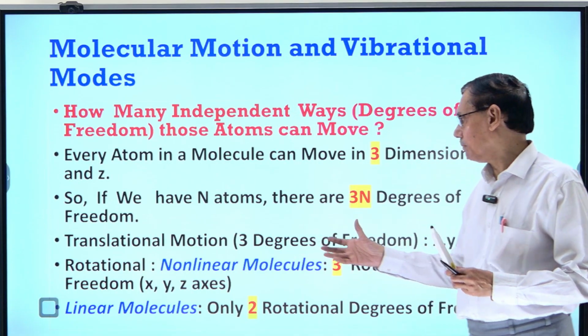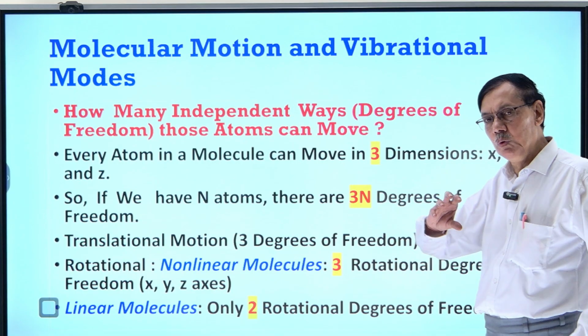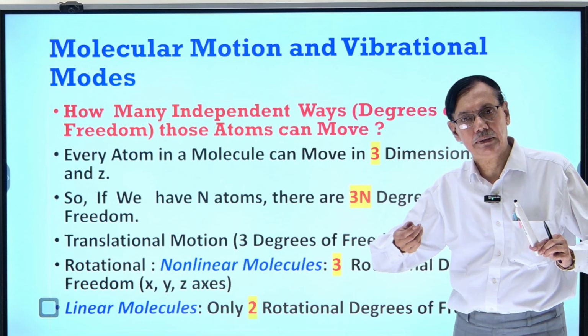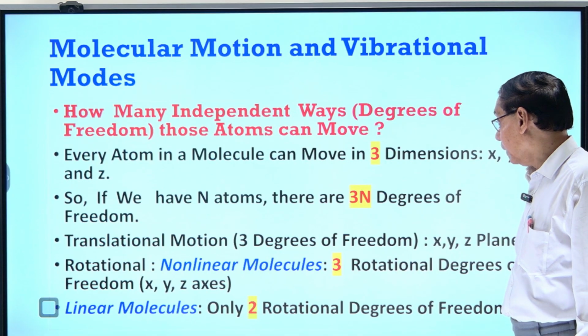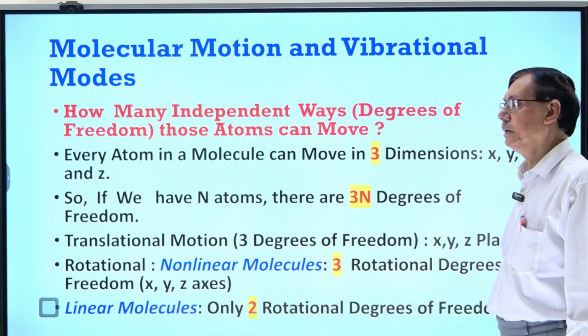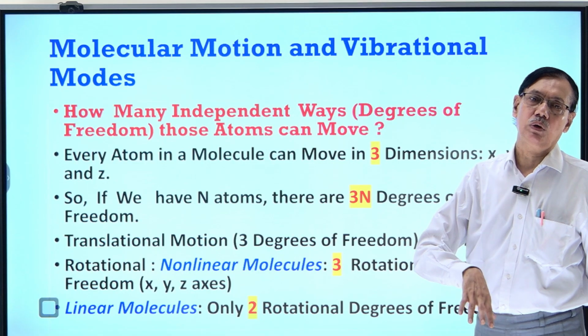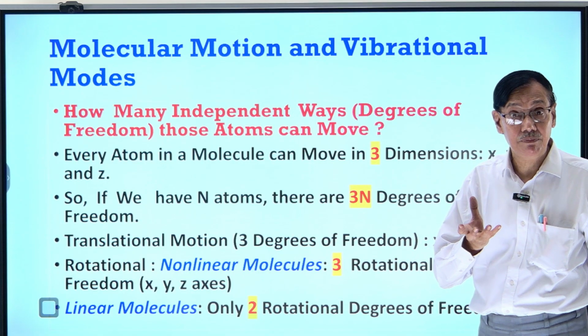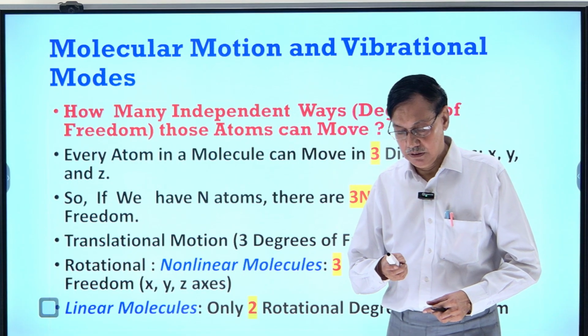If it is a linear molecule, there are 2 rotational degrees of freedom, x-axis and y-axis. If I am taking a non-linear molecule, there are 3 rotational degrees of freedom. So, for a linear molecule, total 3 translational and 2 rotational, so the total number is 5. The remaining is vibrational motion.